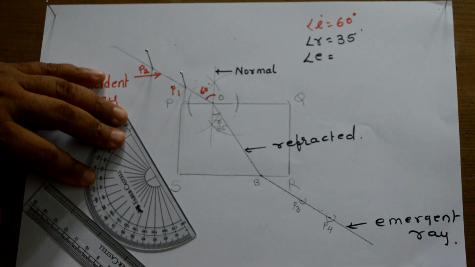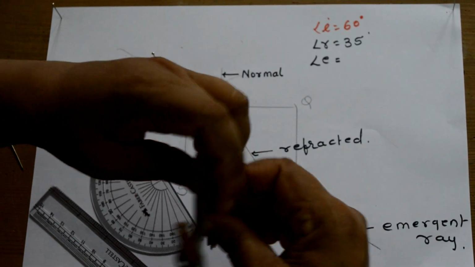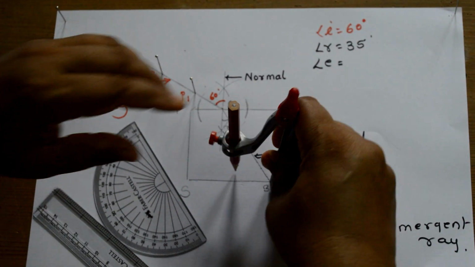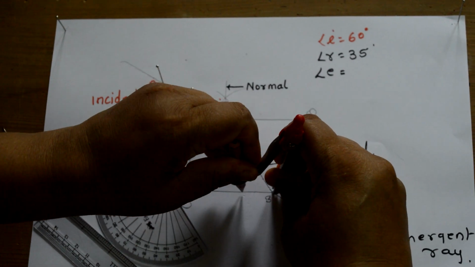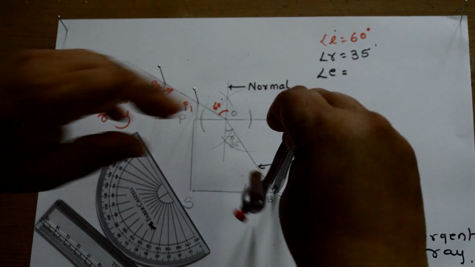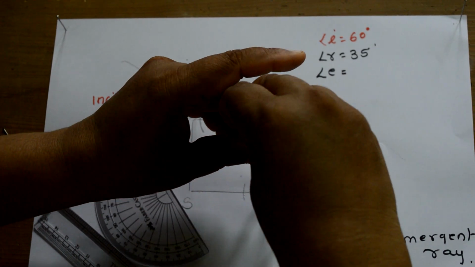Before that, I'll be drawing a normal at point B as we did before, in case of angle of incidence when it was 30 and 45 degree.